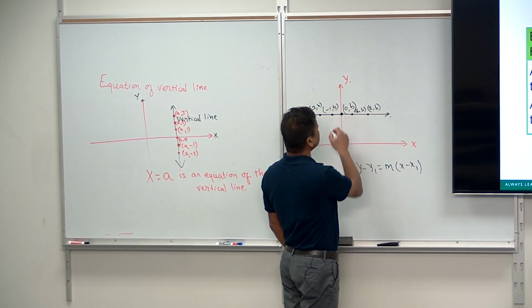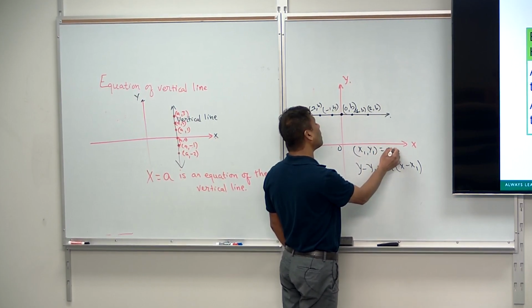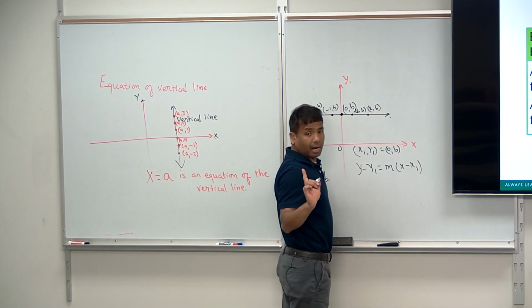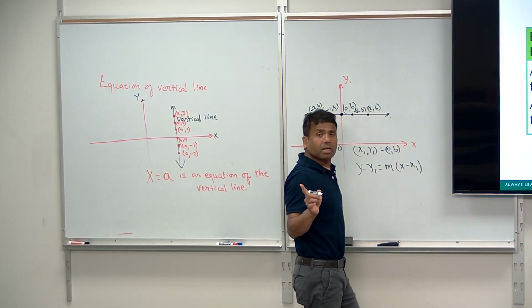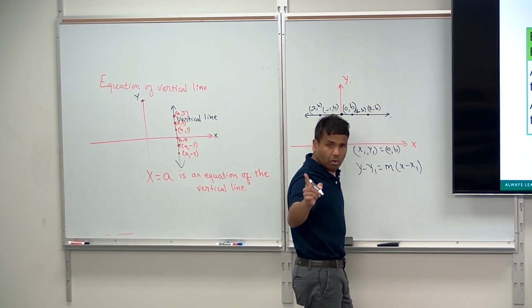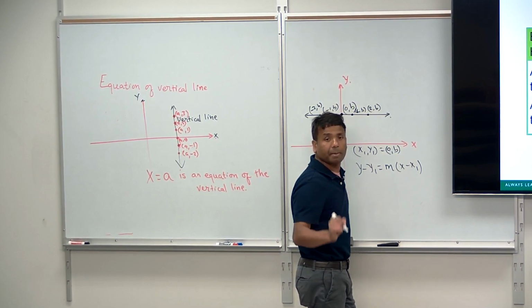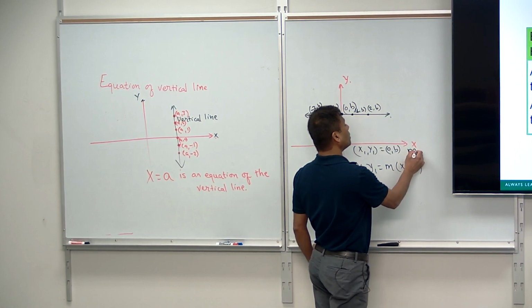This line passes through the point (0, b), so you can pick (x1, y1) equal to (0, b). Right? And then, what is the slope of the horizontal line? Yes, 0. So the slope is 0.